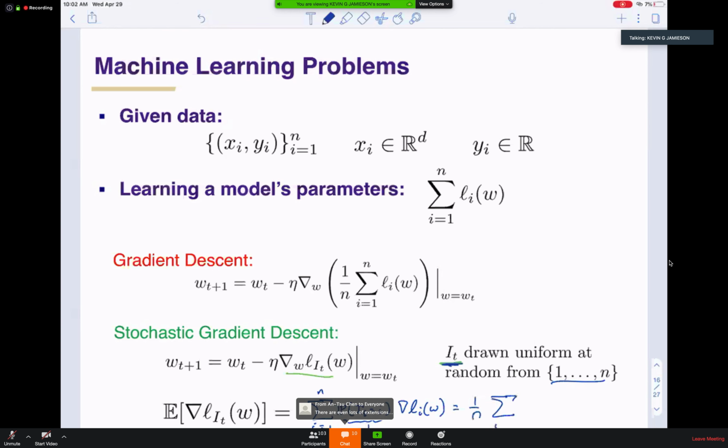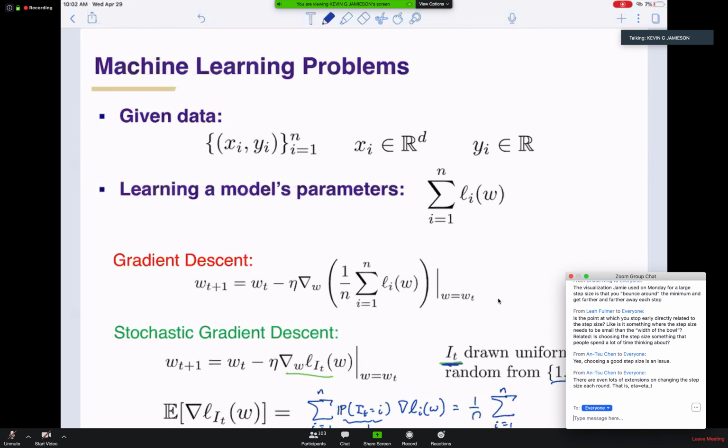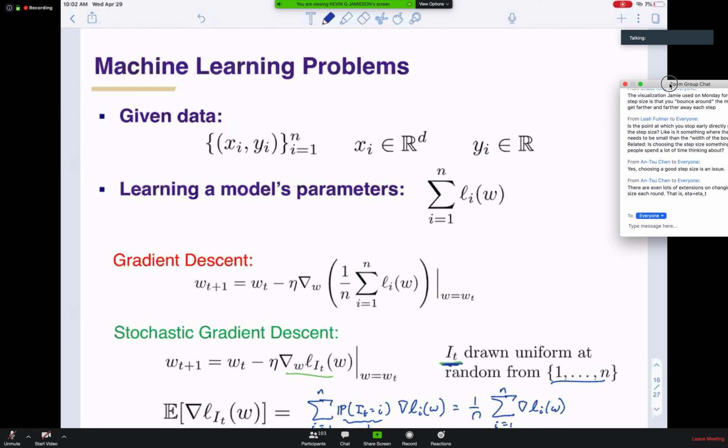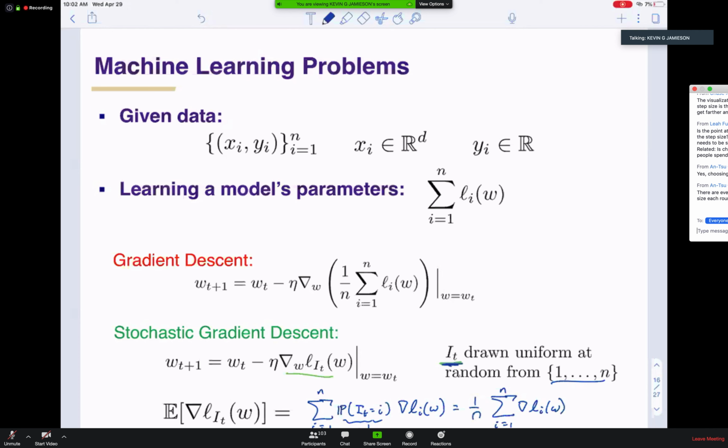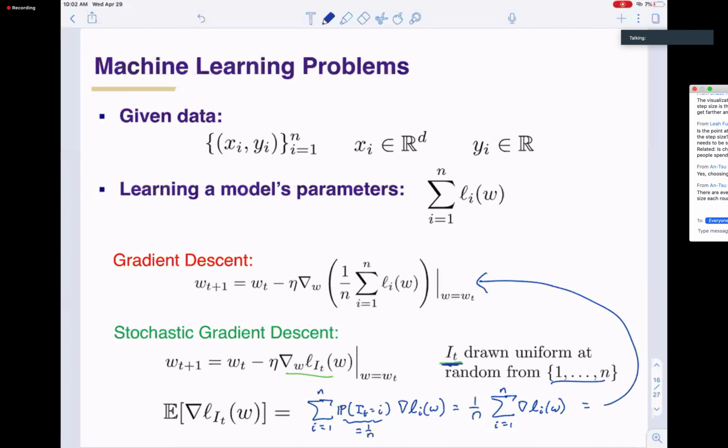And then we get that the expected gradient is equal to the true gradient. Right? The expected gradient of this loss function, I_t is the randomness here. It's an index drawn uniformly at random. And what I'm saying is the expected gradient over all the data that I could have seen is equal to the true gradient, because the true gradient is this guy.